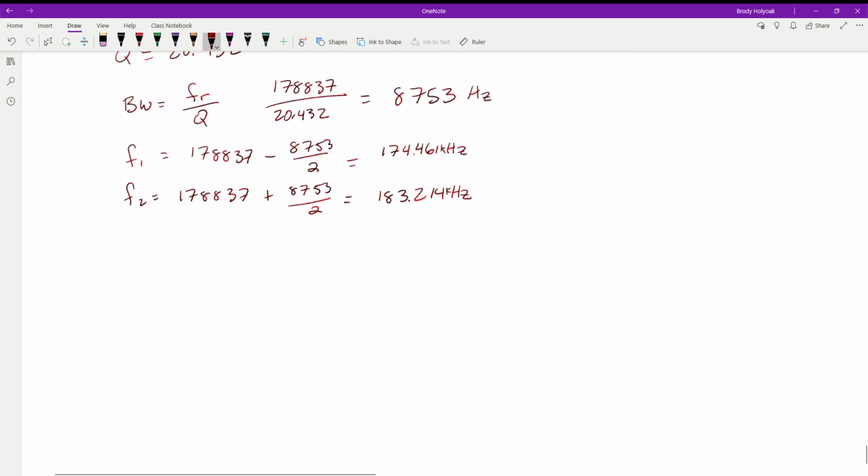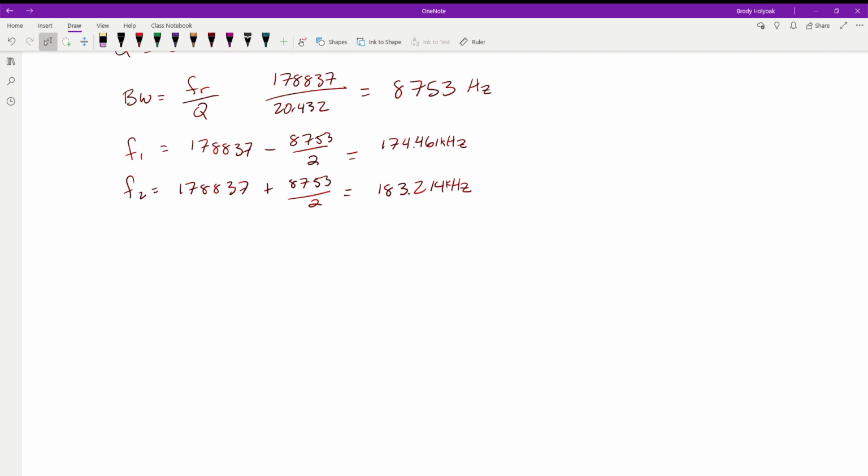All right, previously when we solved for this, the other thing it's going to want to know is the impedance of our tank at resonant frequency, which we calculated to be 55,238 at 0 degrees.